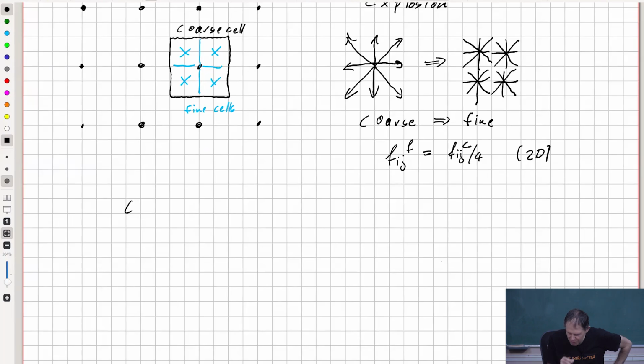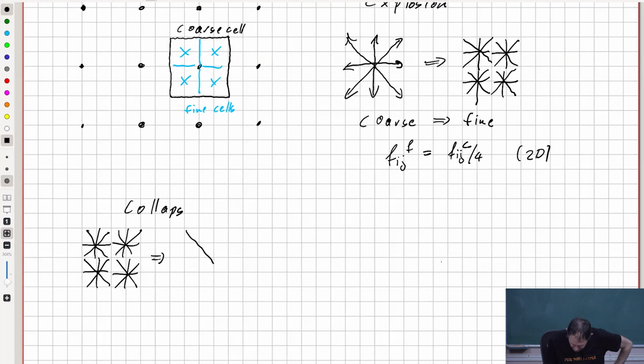The opposite of explosion is actually implosion, but they called it collapse. So collapse is you take these 4, or in 3 dimensions 8 cells, and you move them into now 1 cell.